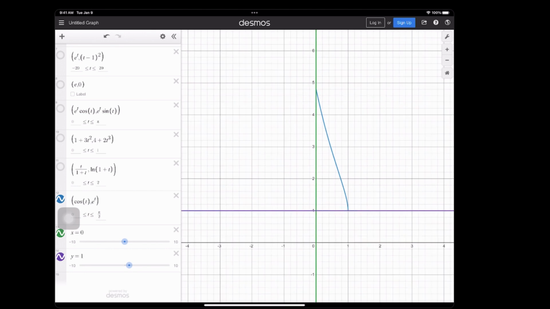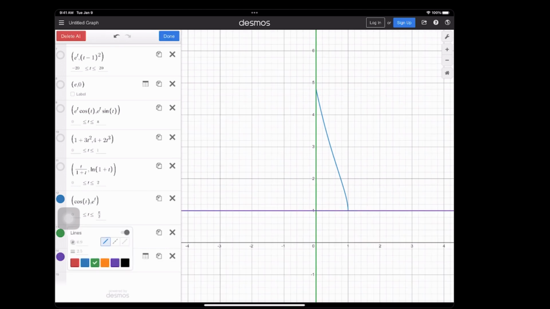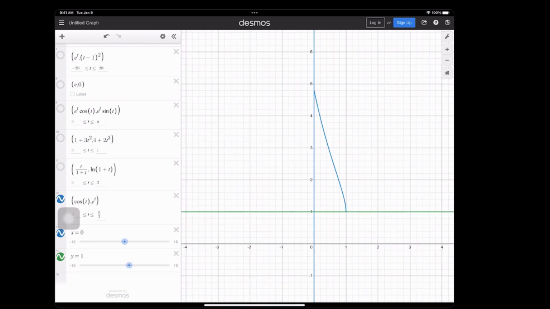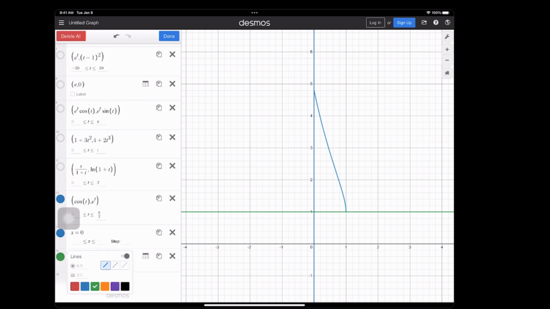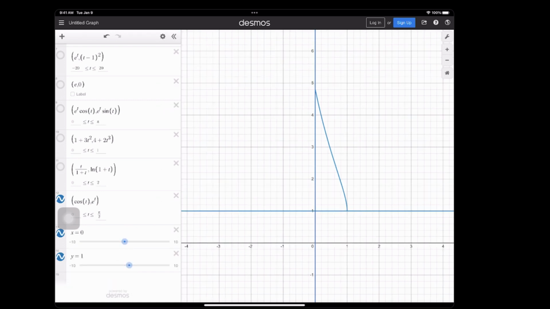So let's do this here. Let me change some of the colors here. Let's do it all blue. I'm going to see if I can get that picture into Desmos.